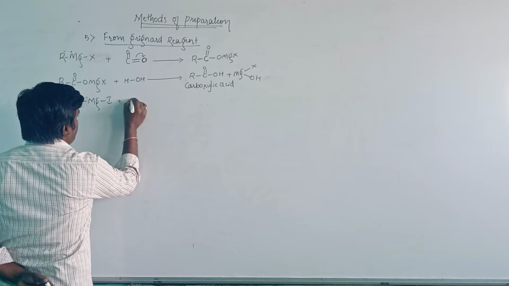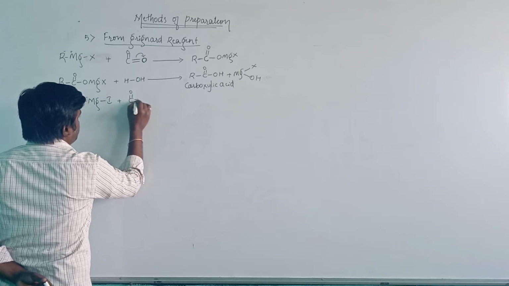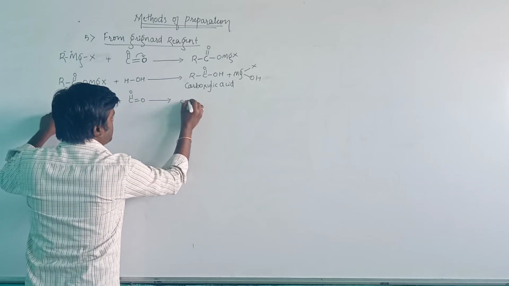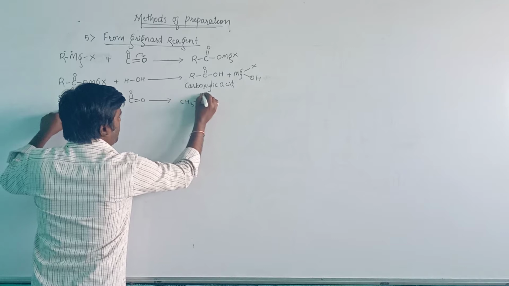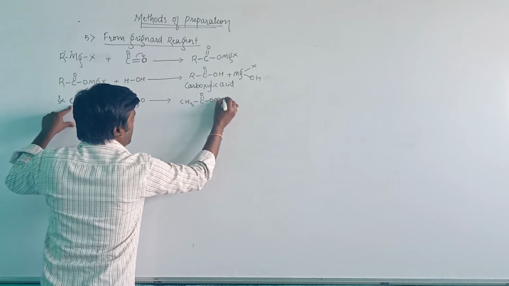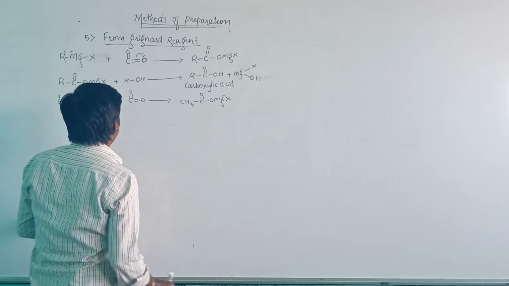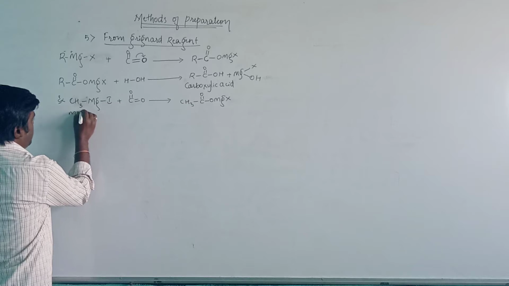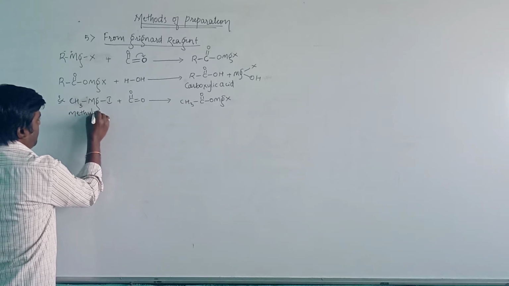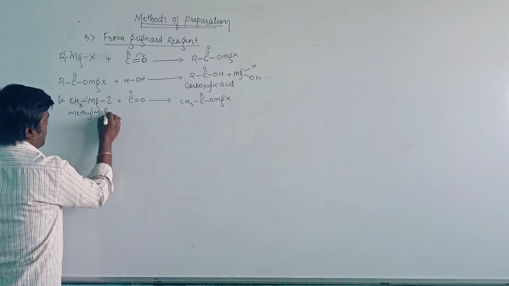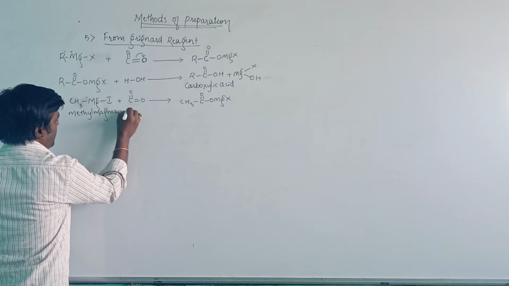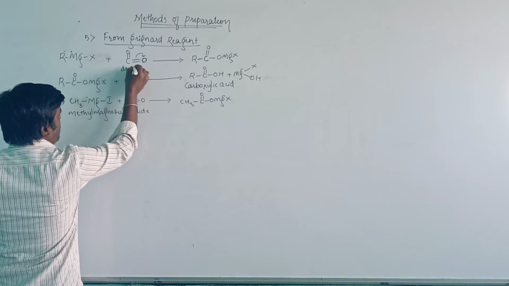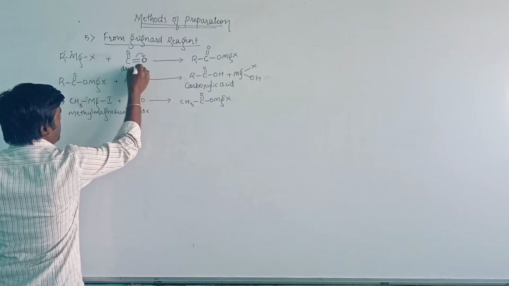When it reacts with dry carbon dioxide, it gives an addition product, CH3 C double bond O, OMgX. Dry carbon dioxide, we can call it dry ice.